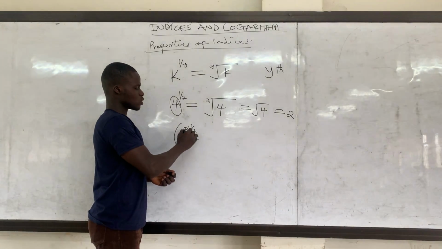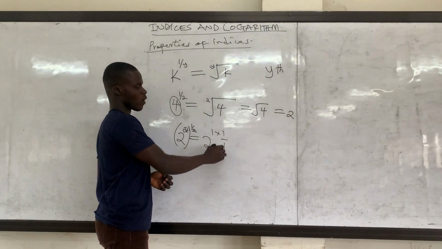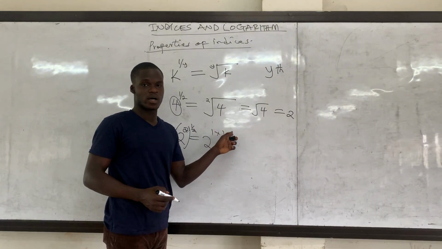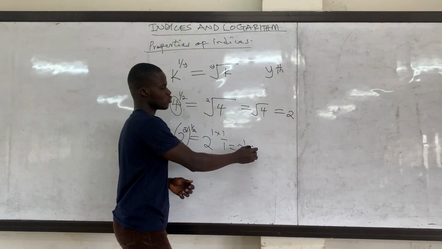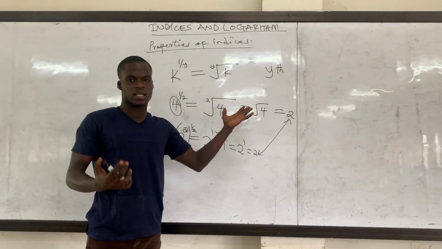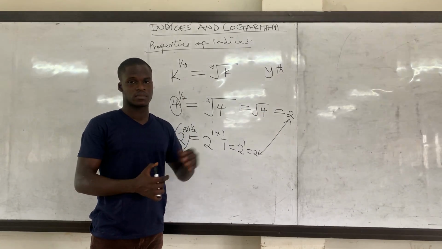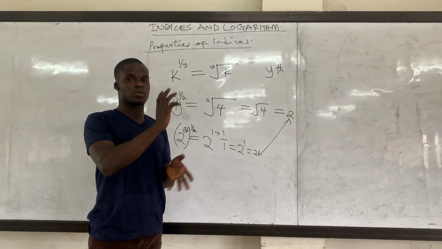This 2 is going to take care of this 2. We are going to get 2 exponent 1 times 1 over 1. 1 times 1 is 1, 1 over 1 is 1. We get 2 exponent 1, which is equal to 2, the same as the 2 we have here. So whenever you hear square root, it simply means the number exponent half.